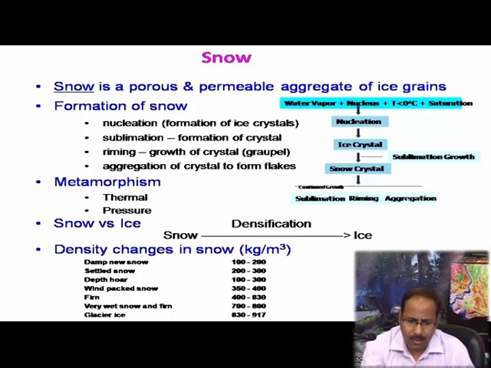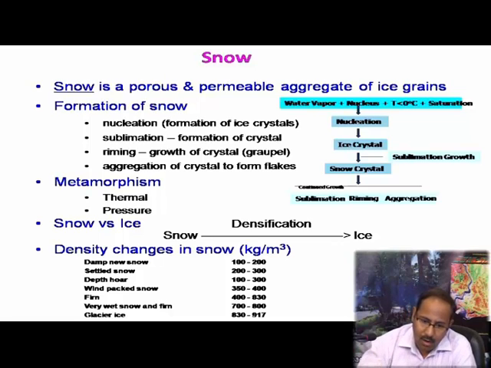Then it is important to understand first of all what is snow, what is ice. Snow, as I have said, is a porous material, and after the densification, after this pressure metamorphism, it converts into ice. You can see the density from this table: for fresh snow, very low density is there, 100 to 200 kilogram per meter cube, and for ice, that is normally 917 kilogram per meter cube.